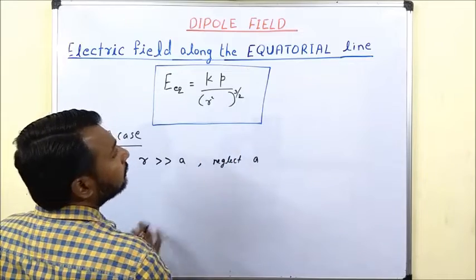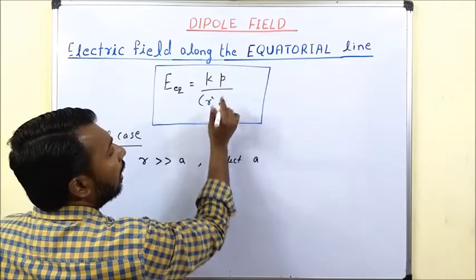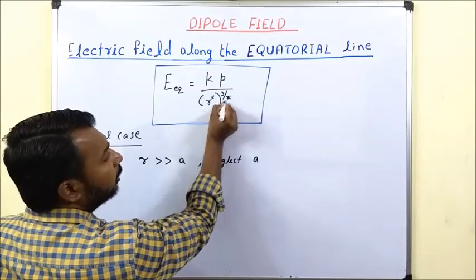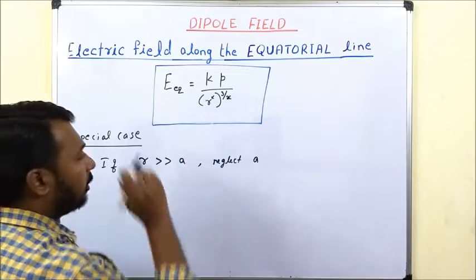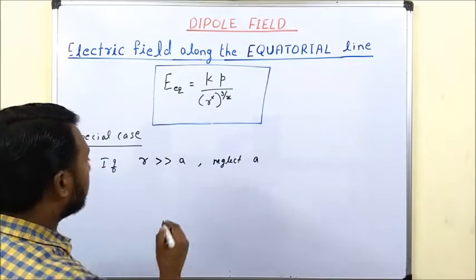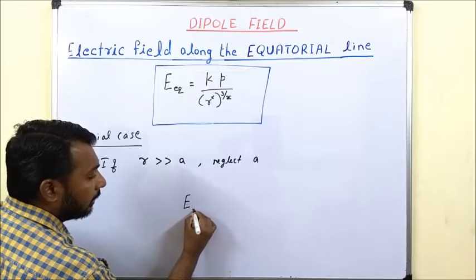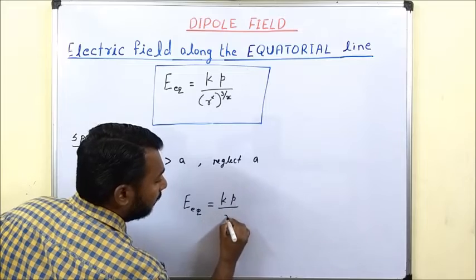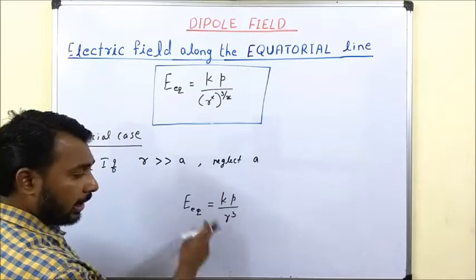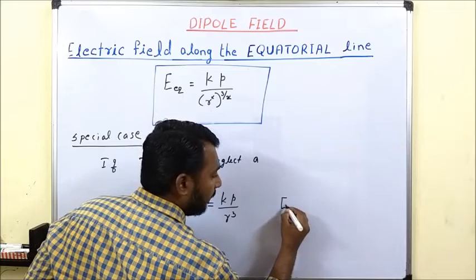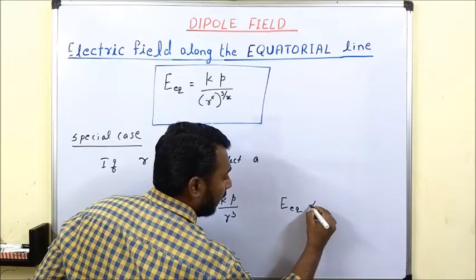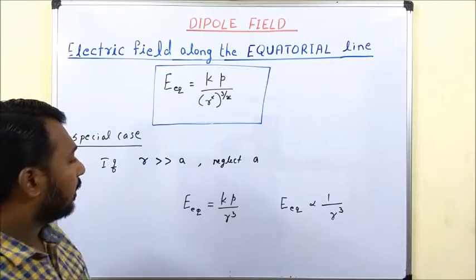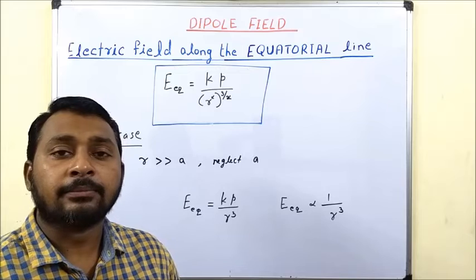Now what is left? It becomes R square all raised to 3 by 2, and this 2 and 2 will cancel, and finally you will get R cube. So in this special case, the net electric field E equatorial is equal to Kp divided by R cube. And here it is clear that the electric field along the equatorial line is inversely proportional to the cube of the distance. Okay.